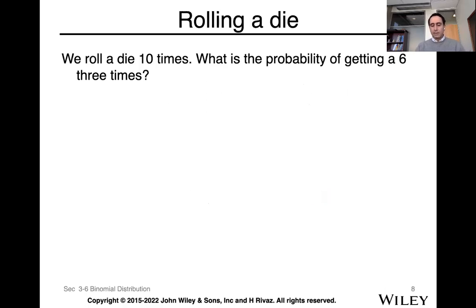So let's look at this example and try to solve it using the equation. We roll a die 10 times, so this is our n. N is the number of experiments. What's the probability of getting a 6 three times?